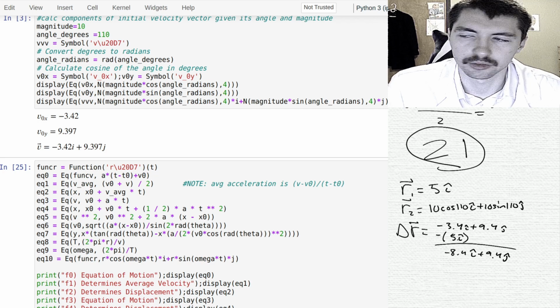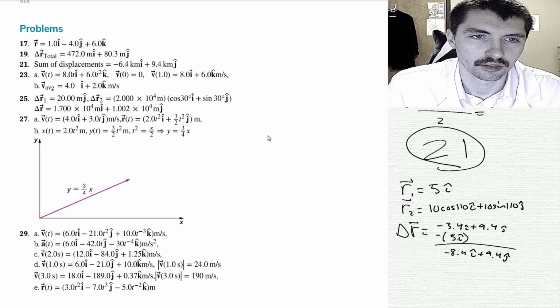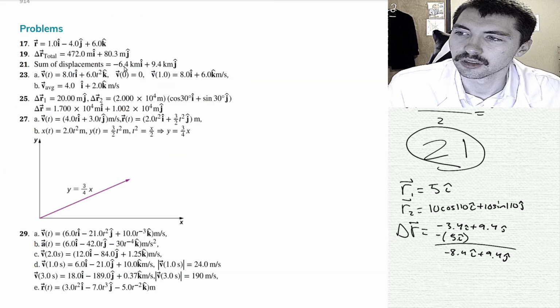Okay, so let's see if the book got that. 21. They're getting 6.4. 6.4. Okay.